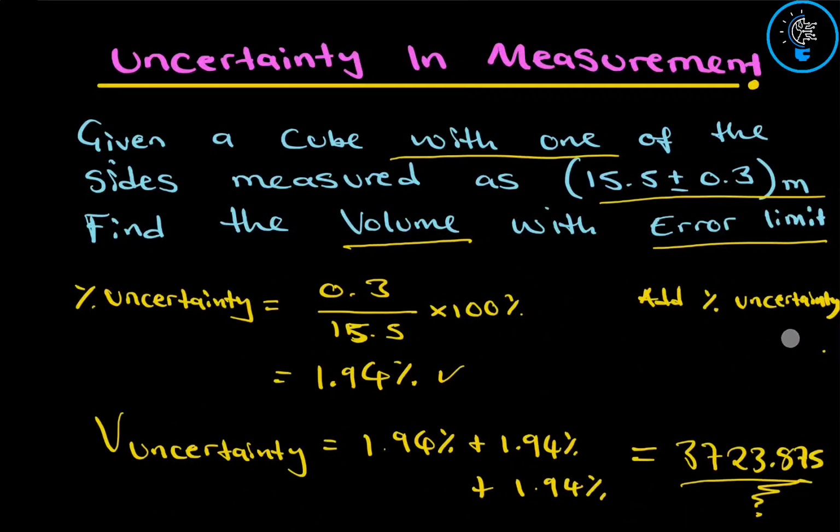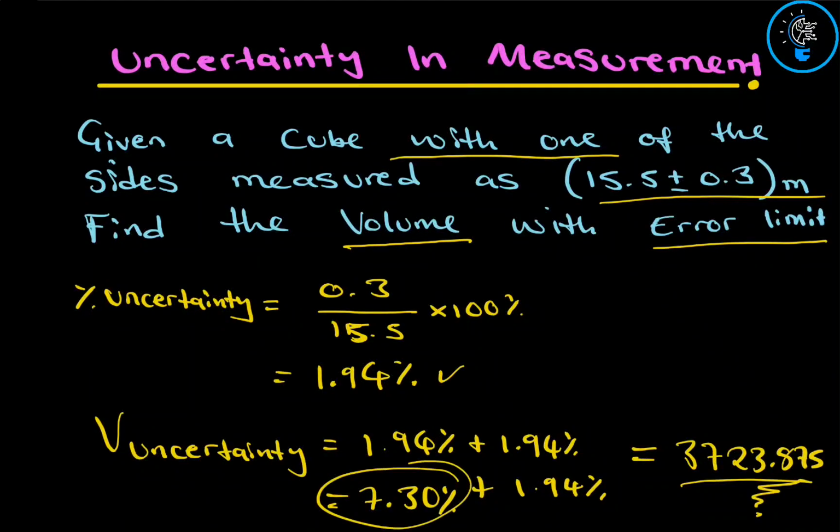Remember, this value will be needed, so I don't want to erase it. So 1.94 added 3 times will give us 7.30% as your answer. This will be your solution at the uncertainty part.